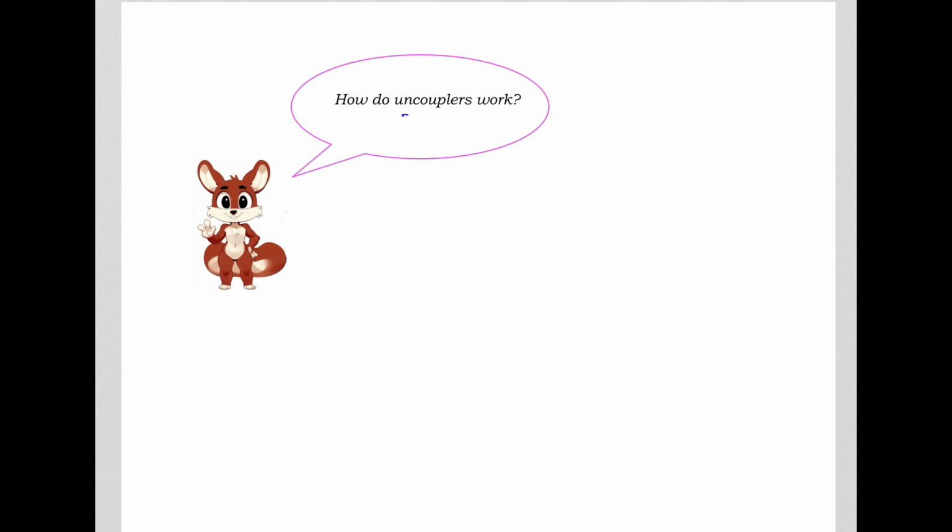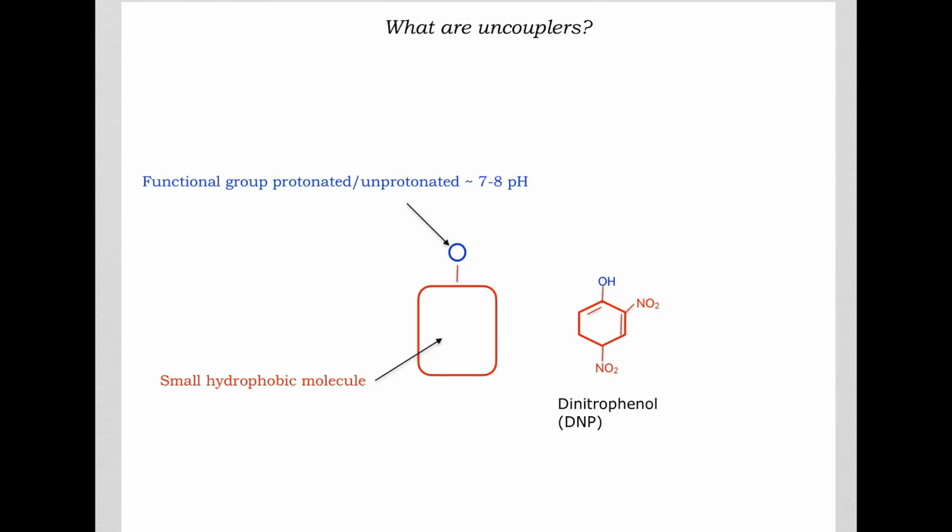Now, how do uncoupling chemicals such as dinitrophenol work? Uncouplers are basically small hydrophobic chemicals which have a functional group that can exist as either the protonated form or the unprotonated form around pH 7 to 8.